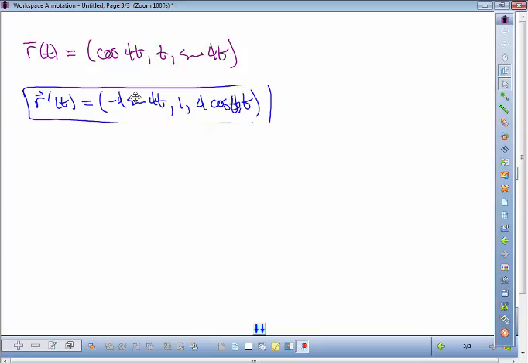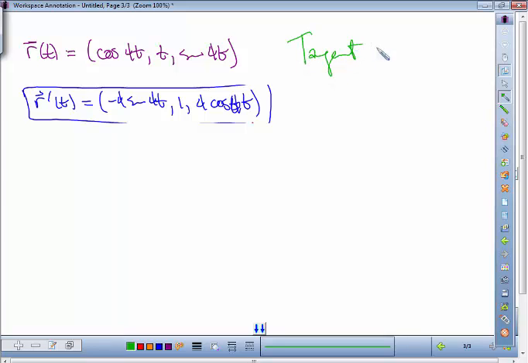So let's find a t value where we want to find this tangent line. In this page, we're looking for a tangent line at t equals, I don't know, we had pi over 8 at one time. So let's find a tangent line at pi over 8.